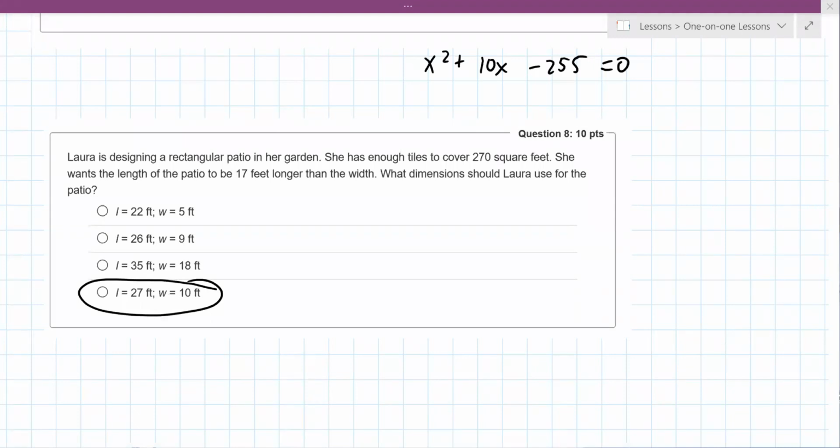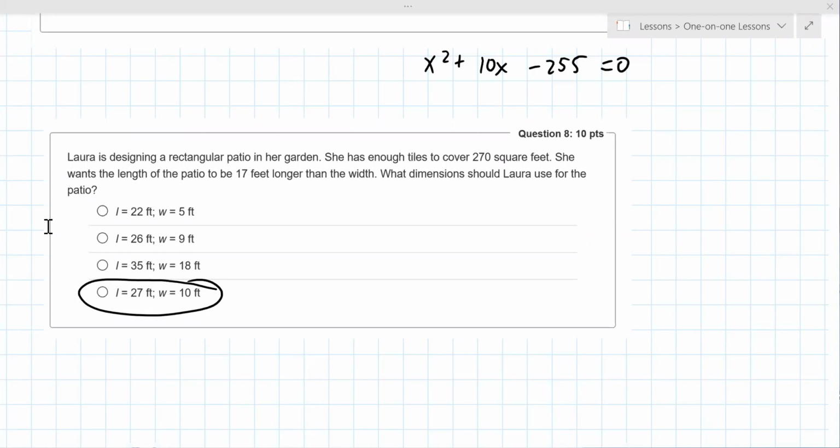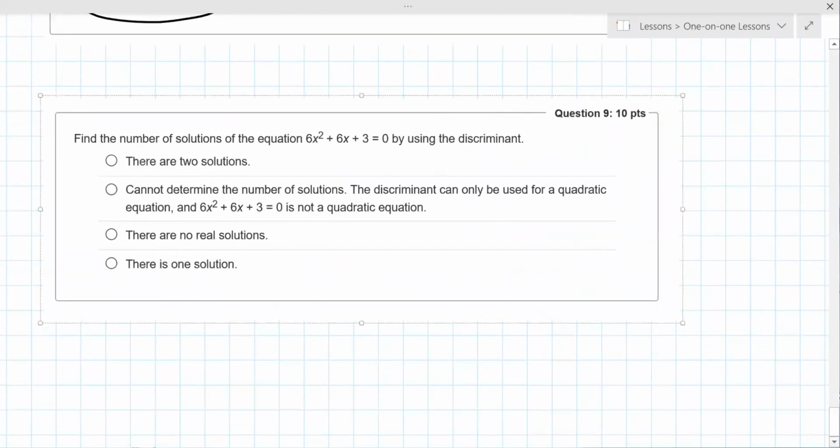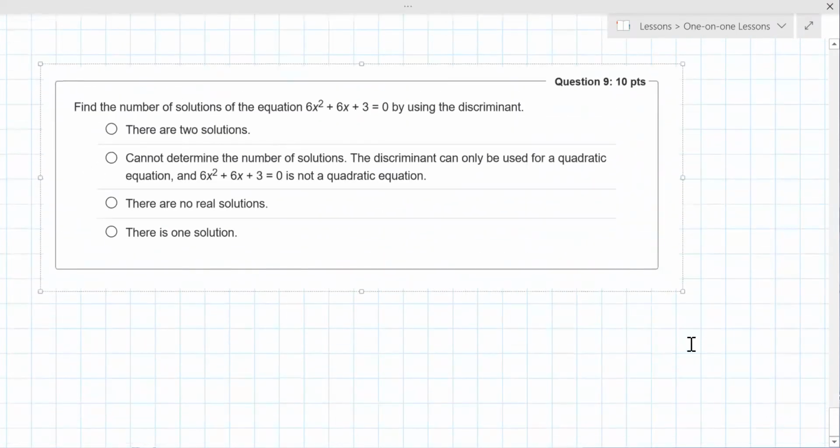All right, so this is a question that asks you to use the discriminant. So I want you to calculate the discriminant for this. All right. I'll be right back. Give me 5 minutes. Okay.